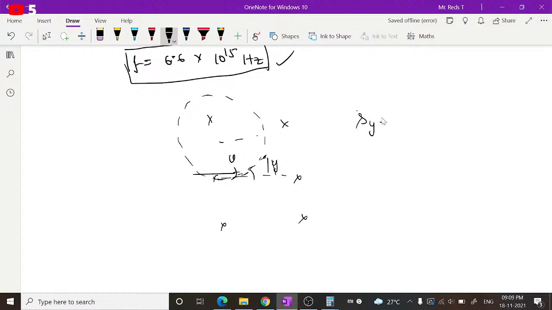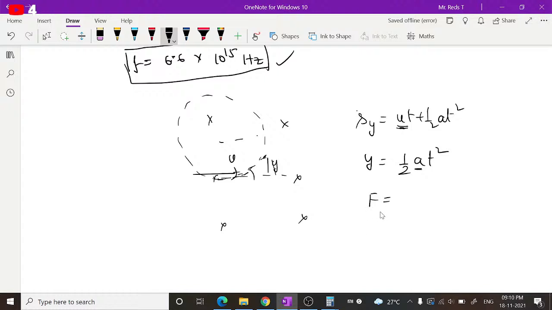The vertical deflection distance is equal to ut plus half a t square, with this relation we consider here. If it is the starting point, y is equal to half a t square, where a will be taken from force equal to mass times acceleration.